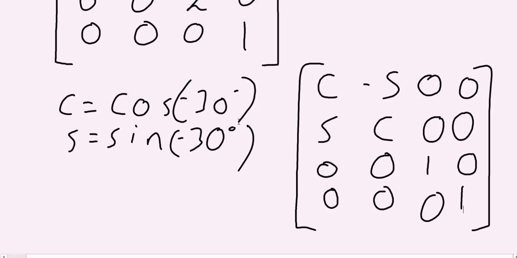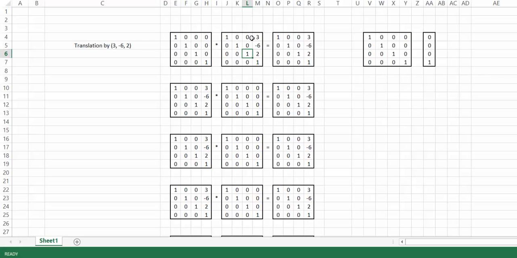This is the matrix we make. And if we go here into Excel, let's update this matrix again. Let's say this equals cosine of minus 30 degrees.